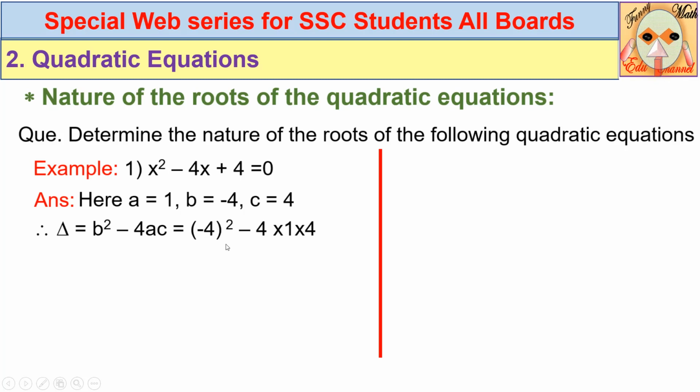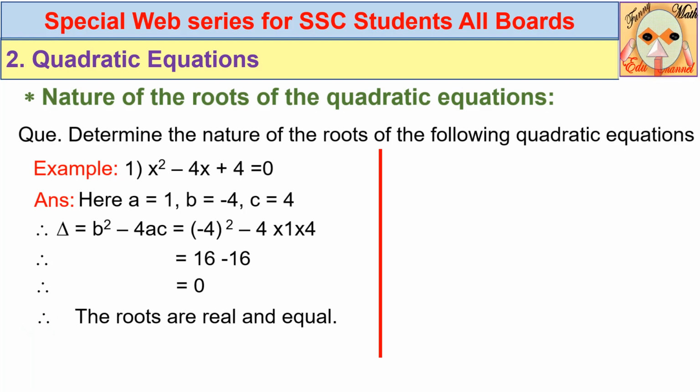Now minus 4 square is 16, minus 4 fours are 16, 16 minus 16 you get equal to 0. Now the delta value you calculated is equal to 0. So we have the conclusion that the roots are real and equal for the quadratic equation. In this way we have stated the nature. The nature is what? The roots are real and equal.